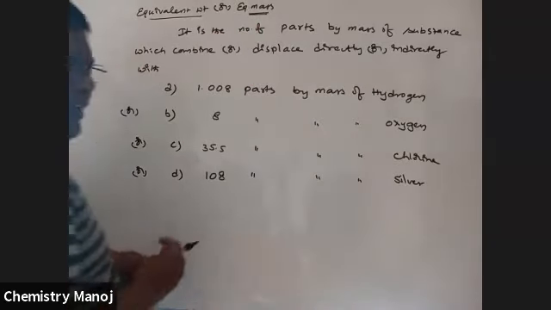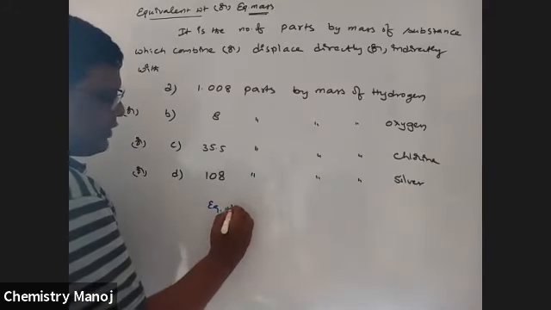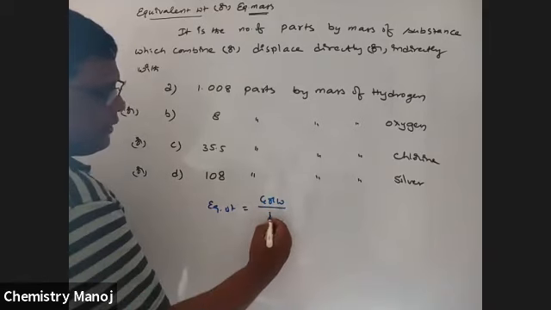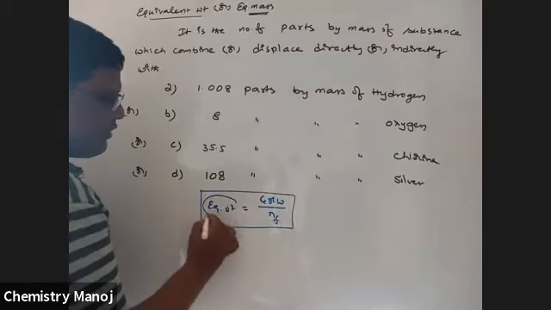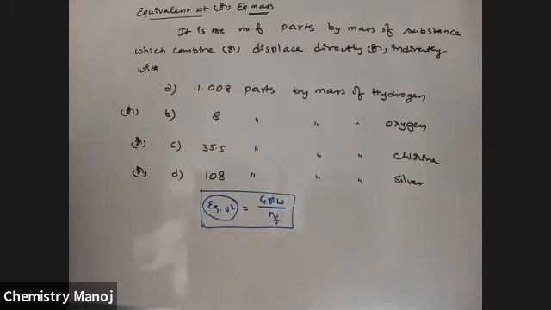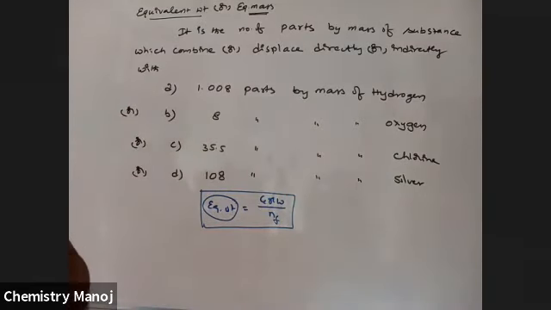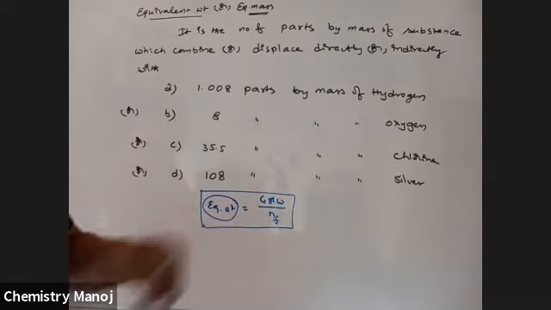Equivalent weight of a substance is equal to the gram molecular weight of the substance divided by the n factor. It is the shortest formula to find the equivalent weight of the substance. That is how many parts of the substance combine with 1 part by mass of hydrogen, or 8 parts by mass of oxygen, or 35.5 parts by mass of chlorine, or 108 parts by mass of silver.